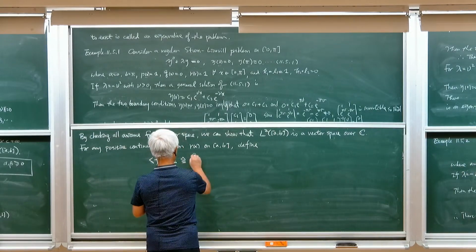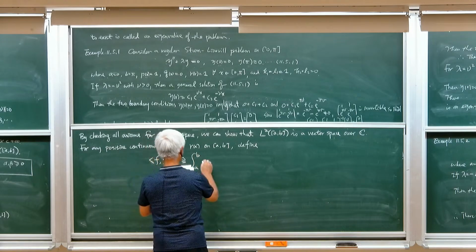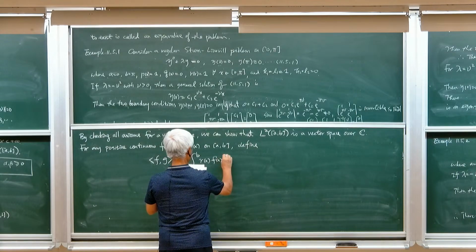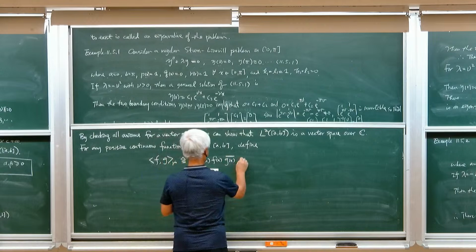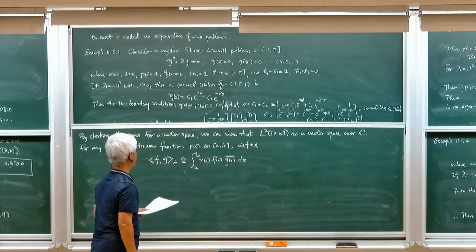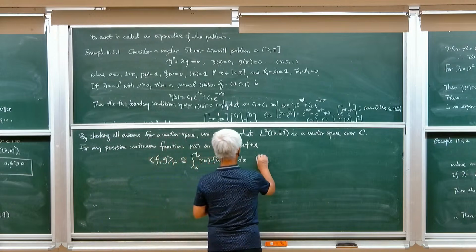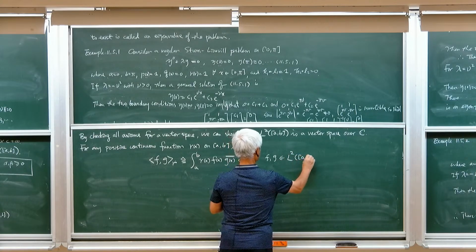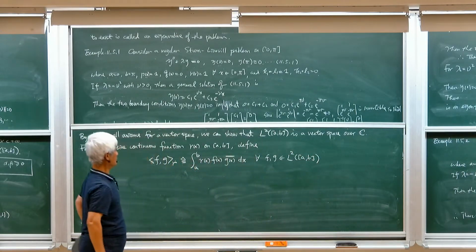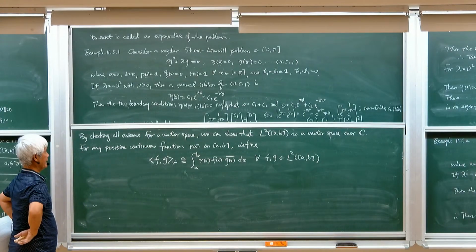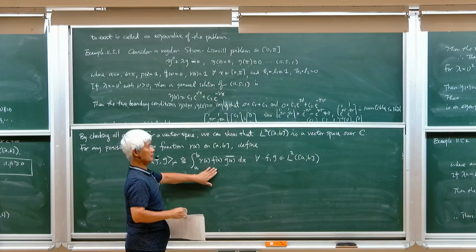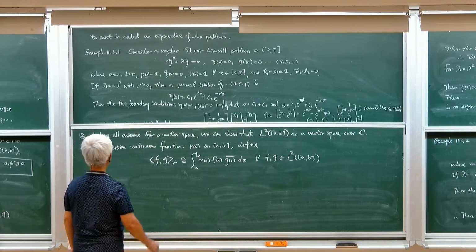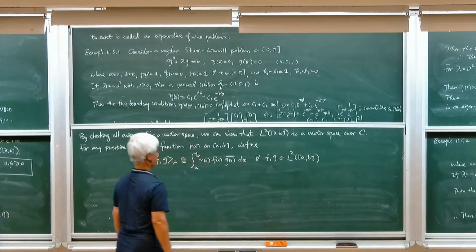So define this as the integral over [a,b] of r of x f of x and g of x bar dx, for all f, g in L2 space. Well, so we define that. And this integral always exists.